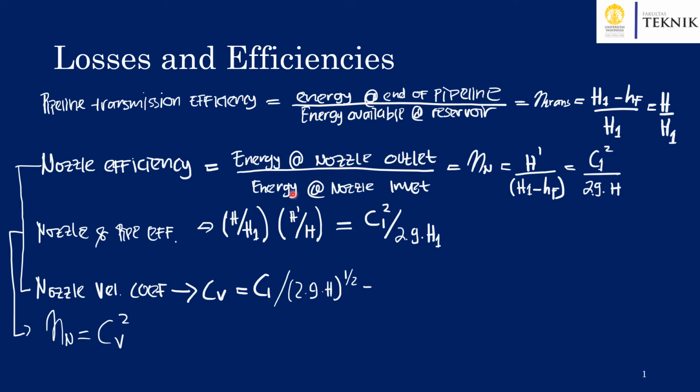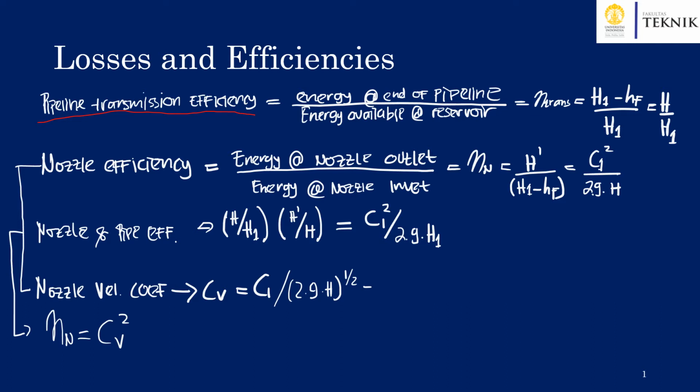Here, due to the friction between the fluid and the pipeline, we have the pipeline transmission efficiency, that is the function of energy at the end of the pipeline divided by the energy available at the reservoir.